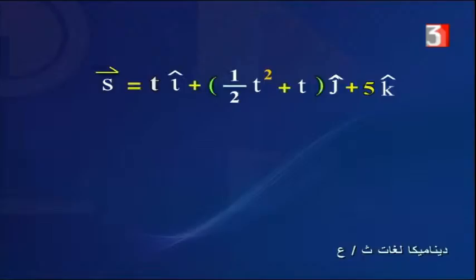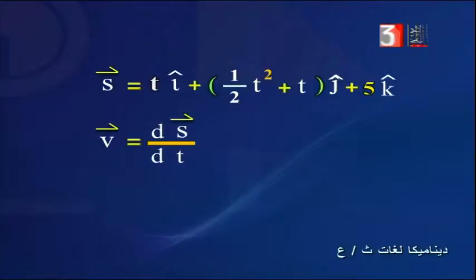Now we know Newton's second law, F equals ma. M is the mass and a is the acceleration. The acceleration a is the derivative of v with respect to time. v is the velocity. What is the velocity? The velocity v equals the derivative of S with respect to time t. Then vector v equals the derivative of vector S with respect to time t.